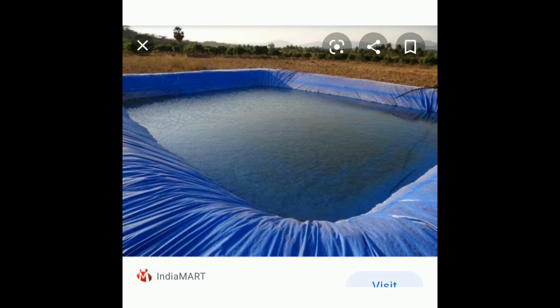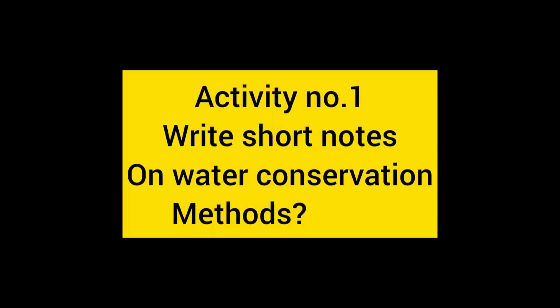It can be used for agricultural purposes. So here comes our activity number 1. Write a brief note about water conservation methods. You can add more points to this answer which are depicted in your textbook.